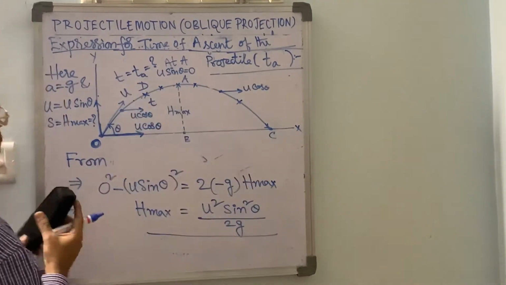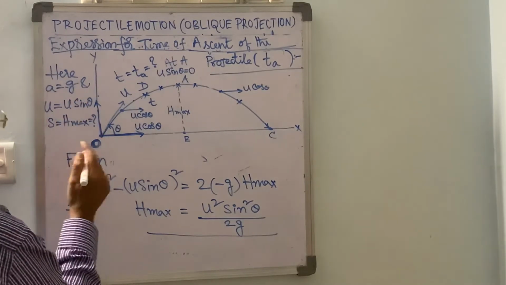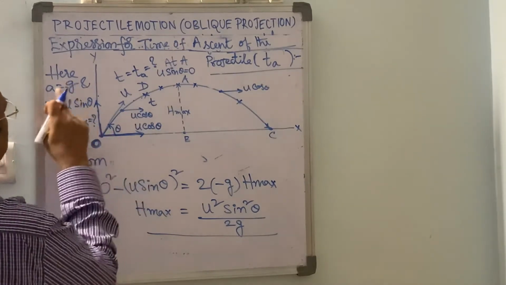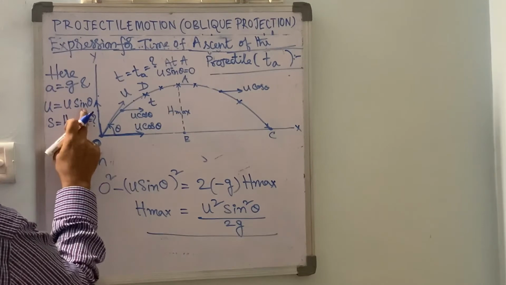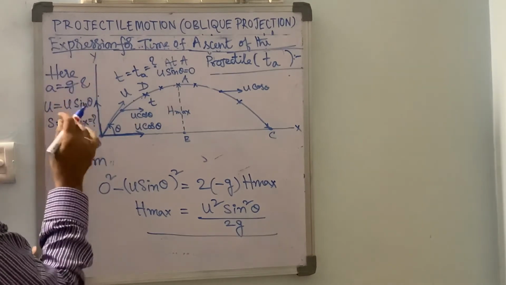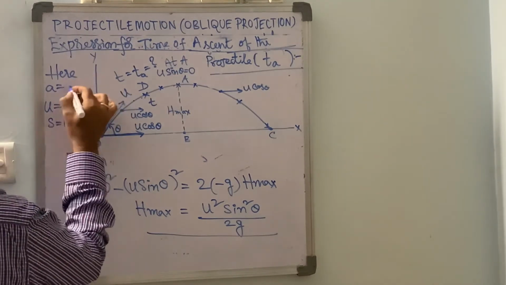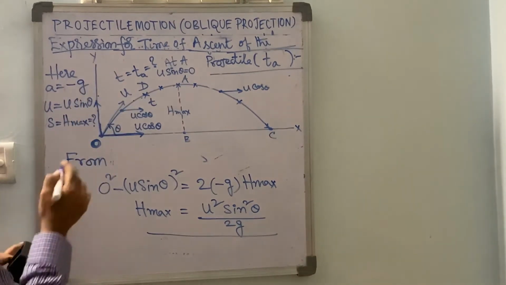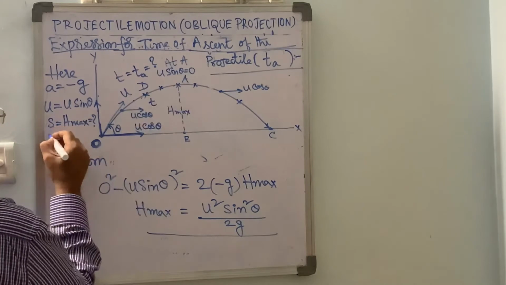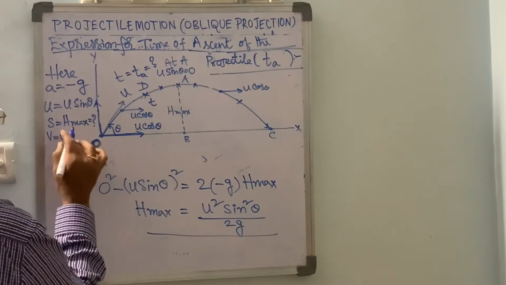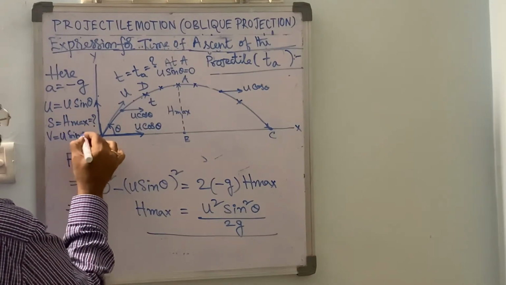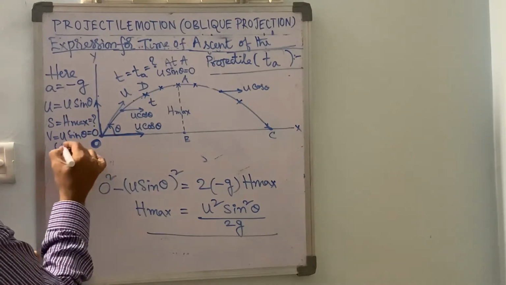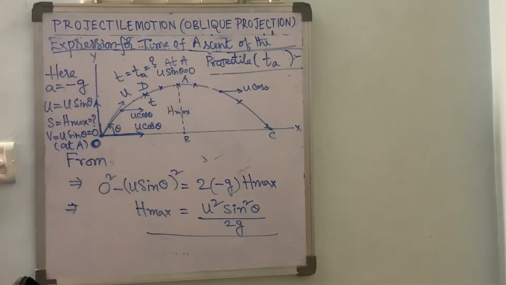Take the same figure here. u equal to u sin theta, a is equal to minus g, and the final velocity v equal to 0 at A, at maximum height.